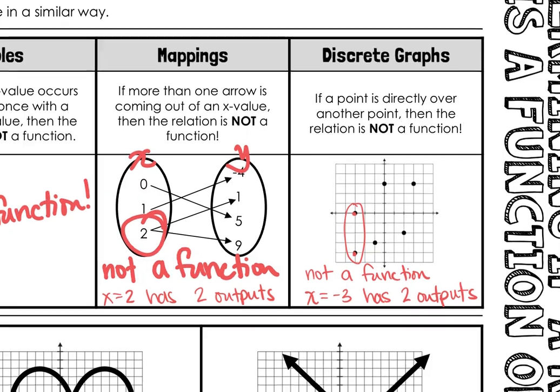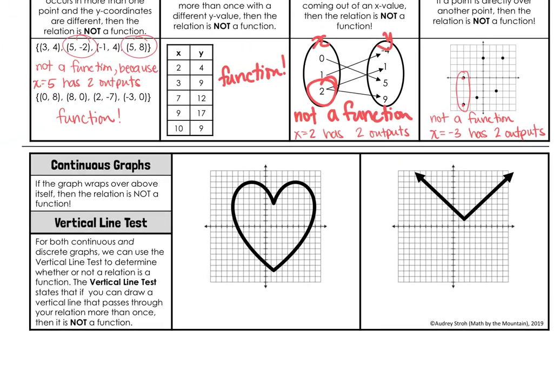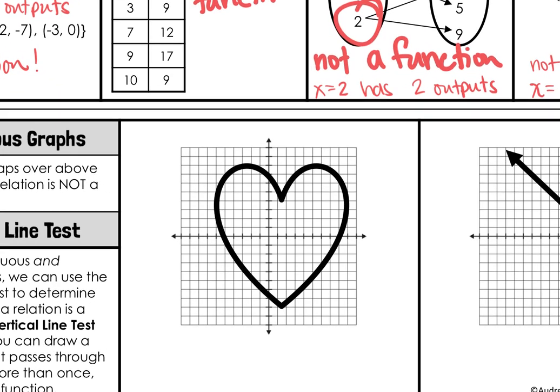All right, and so with these continuous graphs, I know we are all familiar with the vertical line test. So this heart graph, if I draw a vertical line, I am crossing this heart in 2 different places.